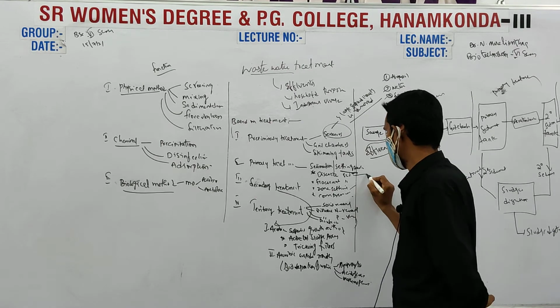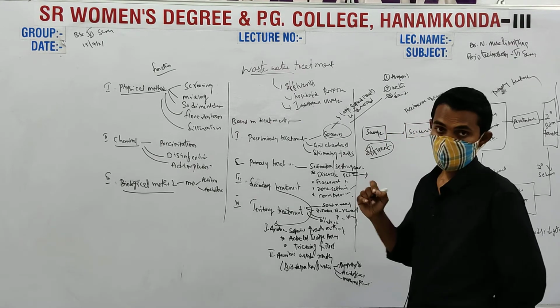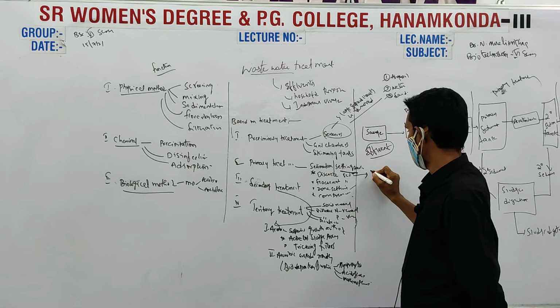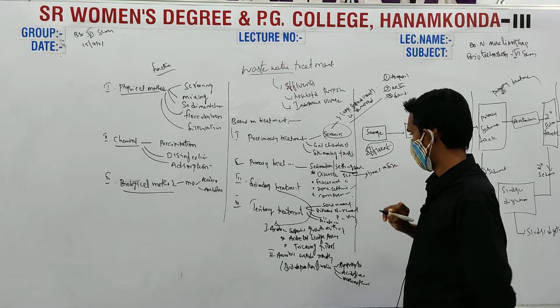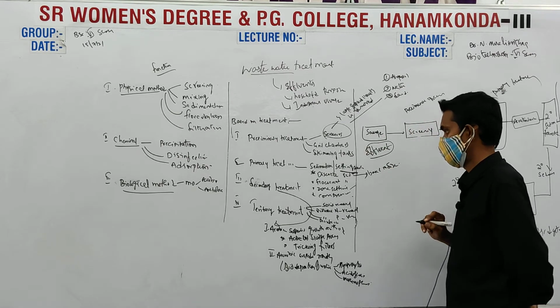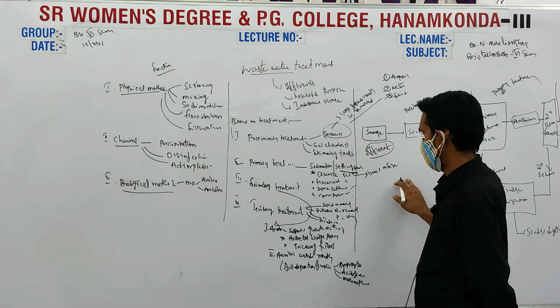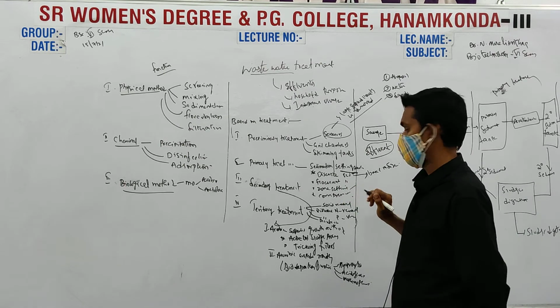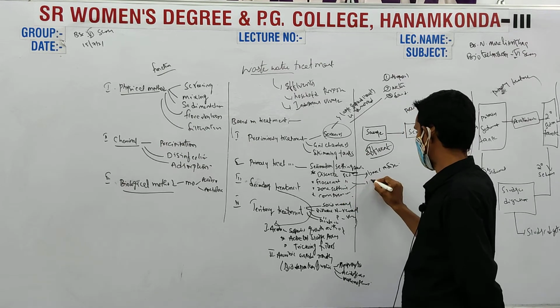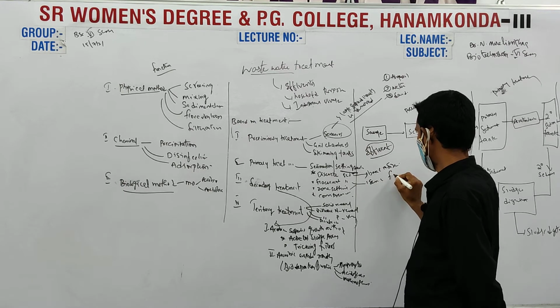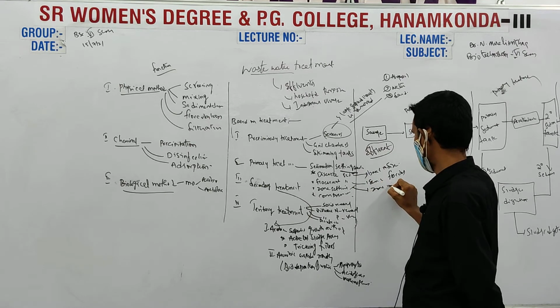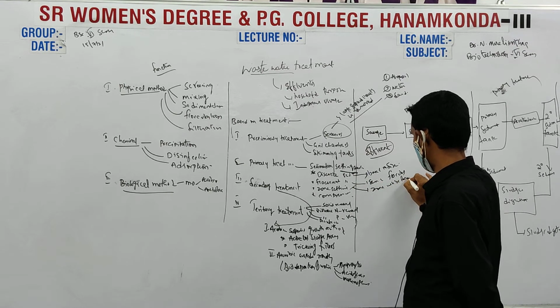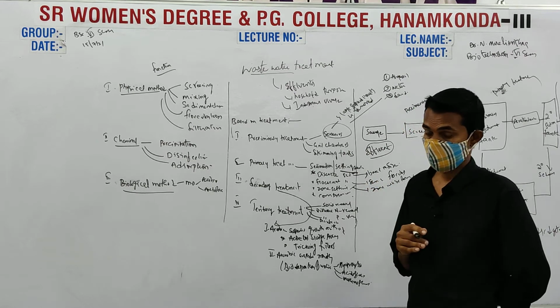In discrete sedimentation, the particles will be sedimented based upon size. In flocculent sedimentation, the sedimentation will occur as a large mass of particles, that is flocs. In zone settling, zones will be formed while sedimentation.